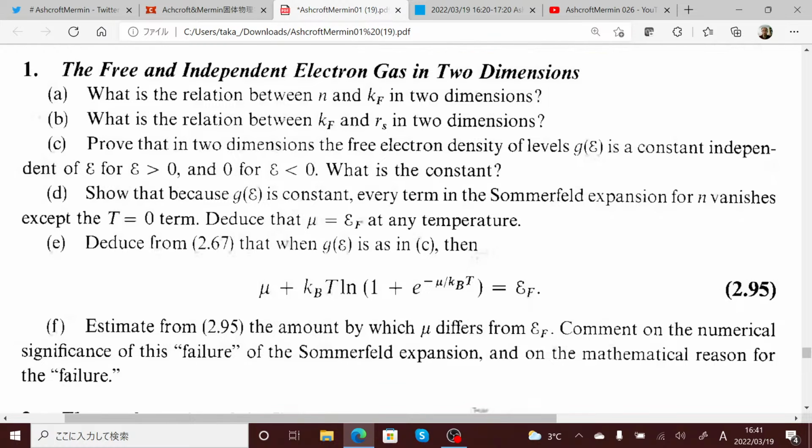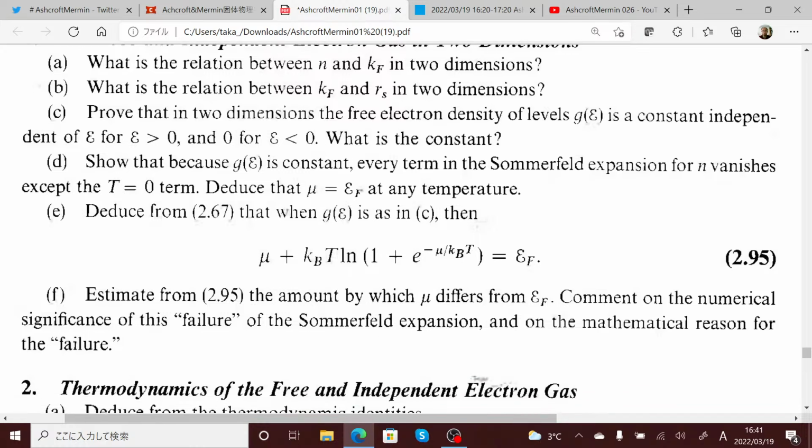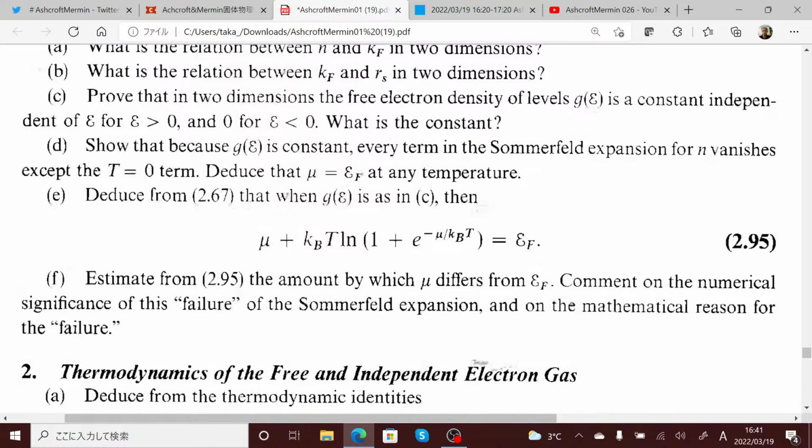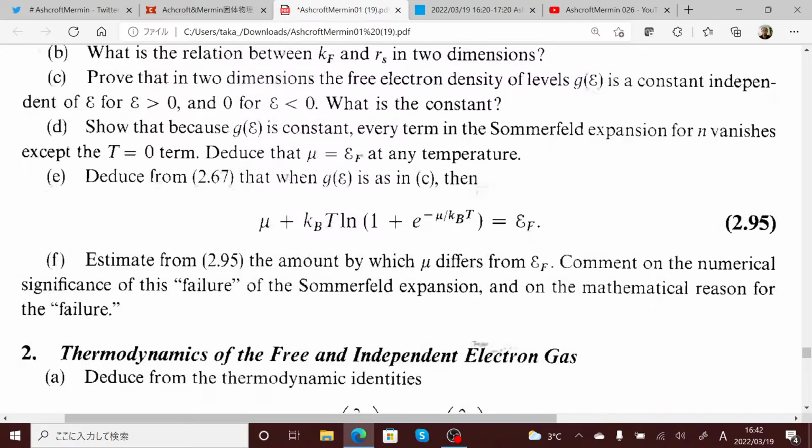Deduce from 2.67 that when g of epsilon is as in c, then mu plus kBT logarithm of something is E F. Estimate from 2.95 the amount by which mu differs from E F. Comment on the numerical significance of this failure of the Sommerfeld expansion and on the mathematical reason for the failure.